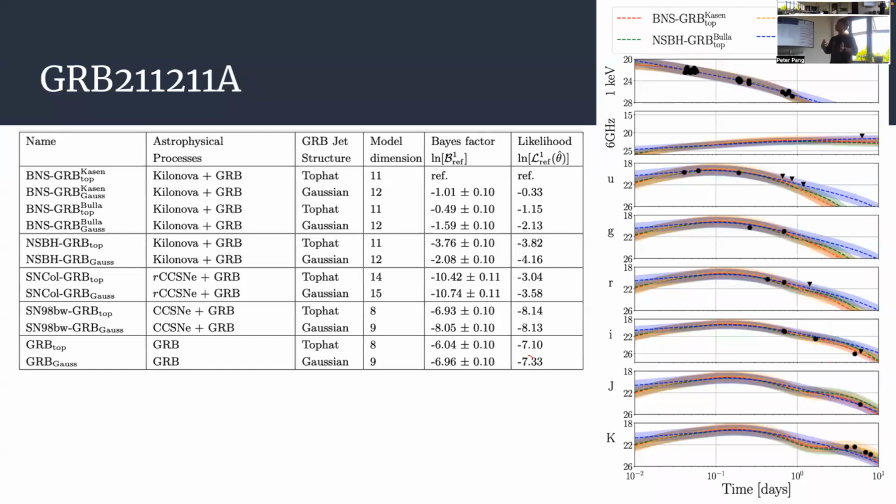Because our software is flexible enough, we put in a bunch of different combinations of models, or different GRB structures, and then we calculate the corresponding Bayes factor with respect to the highest model. From this analysis we say that most likely this event is a GRB plus a kilonova, similar to 170817.